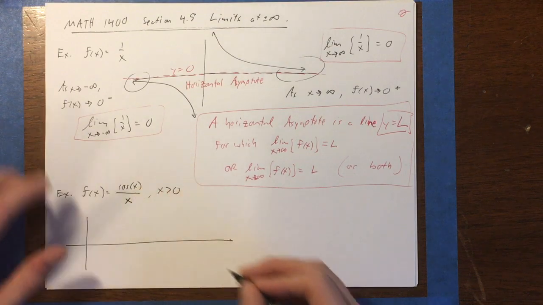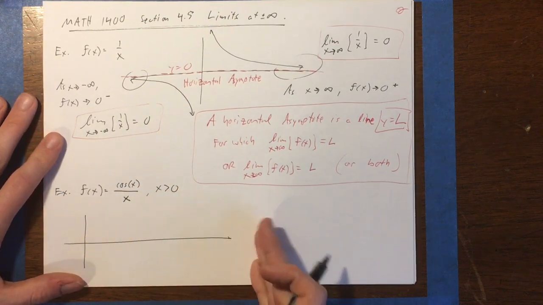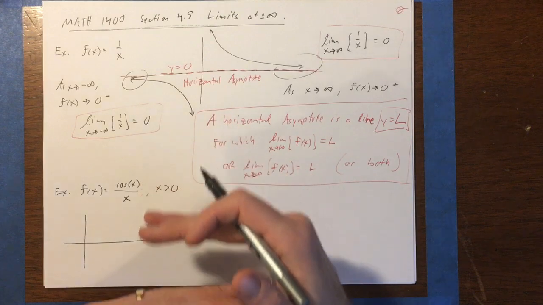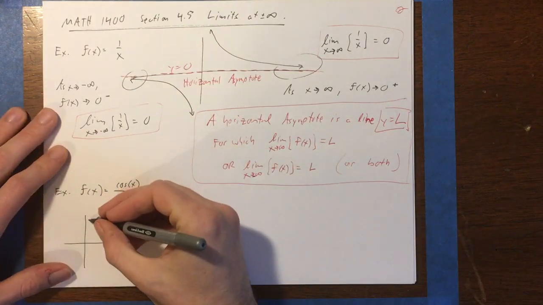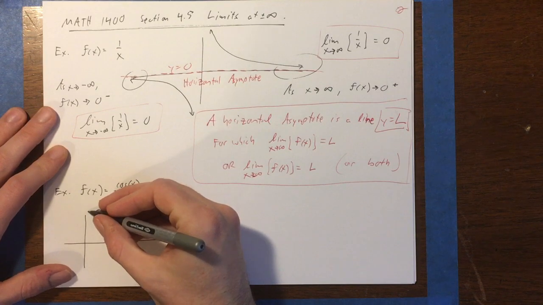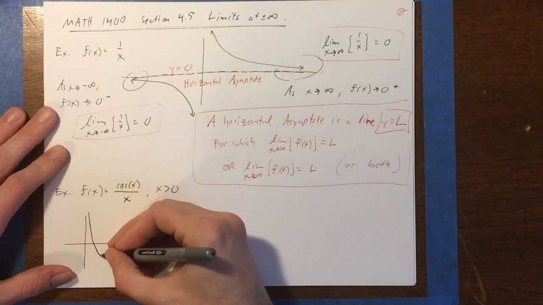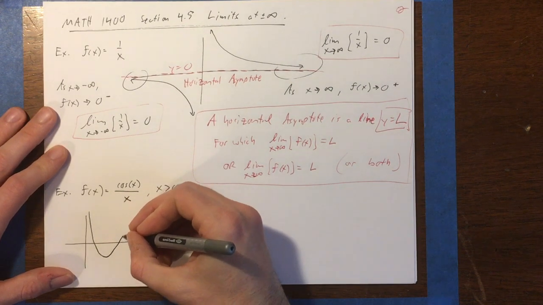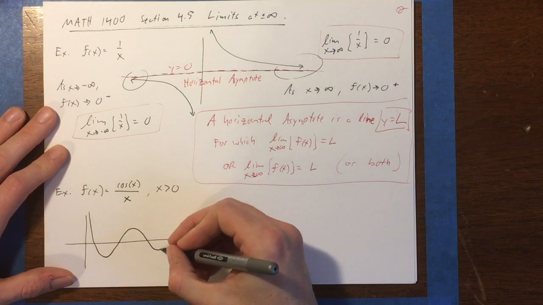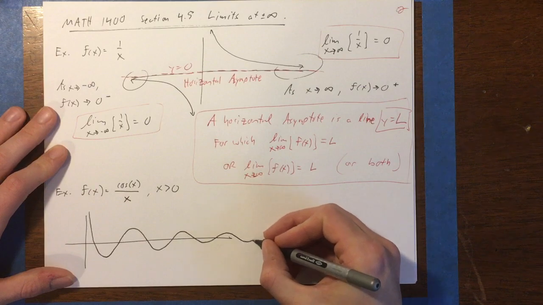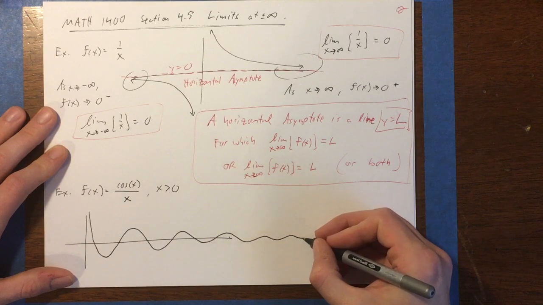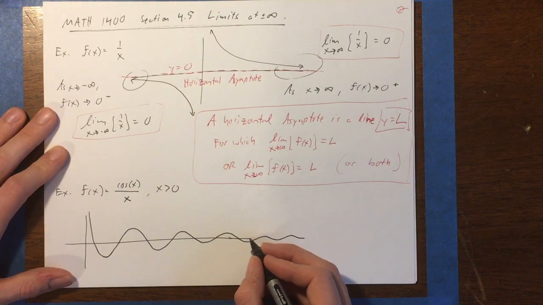We're dividing by x, and so as x gets bigger, we're dividing by bigger and bigger numbers, which means the amplitude will be getting smaller and smaller. So it has sort of a vertical asymptote over here, then it comes down and has a relatively large amplitude, but that amplitude gradually gets smaller and smaller. And it goes like this. Let me draw some more of this here.